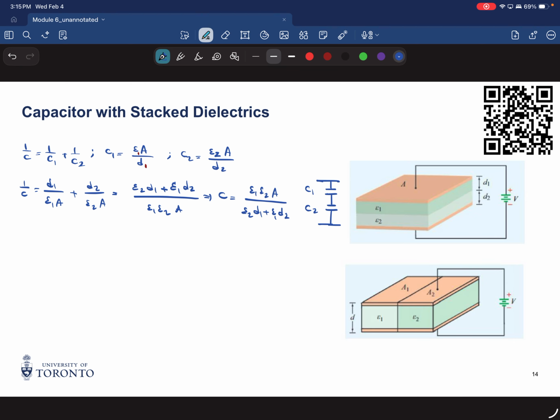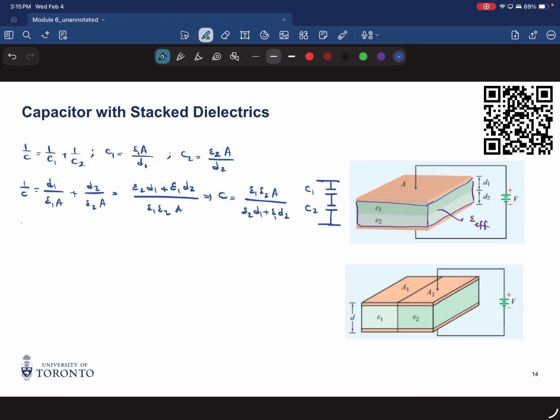Okay, and then in this case, you can say, what if I replaced those two dielectrics with something else? I modeled all of this with a material that has an effective permittivity. So we're combining epsilon 1 and epsilon 2 with the thicknesses D1 and D2 respectively to find an effective permittivity.